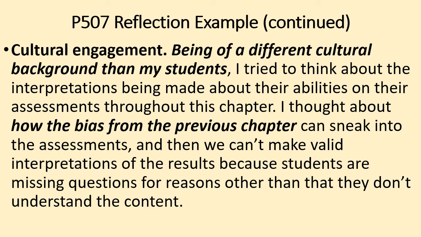But here you can see that even on a chapter on validity, they did bias the previous semester. I thought about the bias from the previous chapter can sneak into the assessment. So they made a really important connection between bias from the previous chapter, validity of the second chapter, while also acknowledging that the student is of a different cultural background than my students.